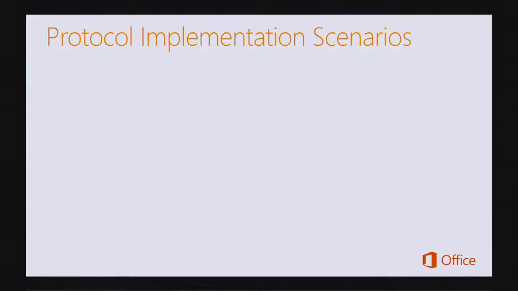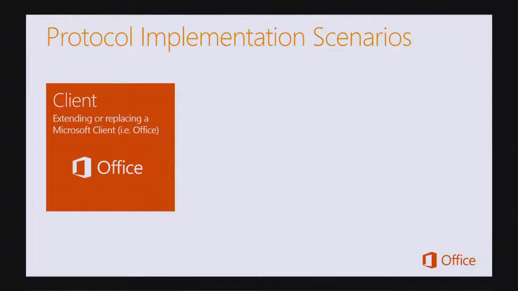So we've been working with customers quite a bit over the last few years, through the Plugfest and I/O Labs. We see that there are multiple ways customers are using the protocols. The first scenario is a client implementation where they basically replace Outlook, with their own mail client or OneDrive client for devices, mobile phones, tablets and so on.